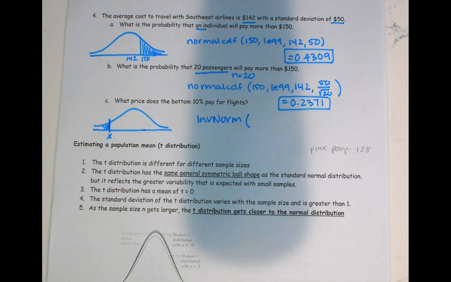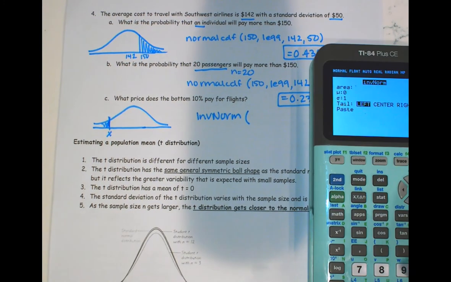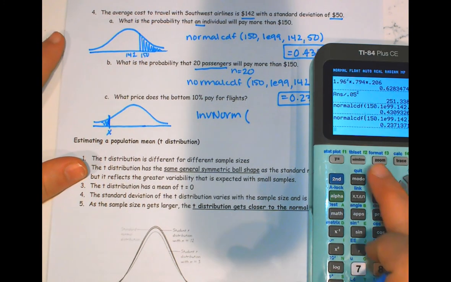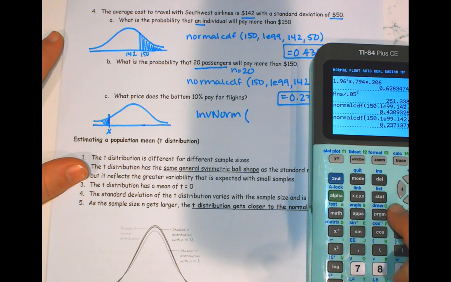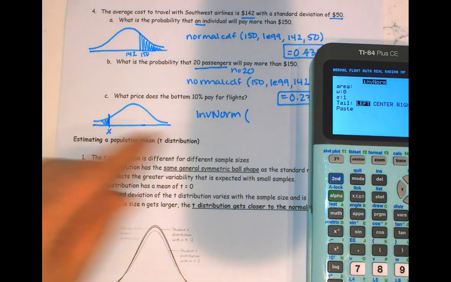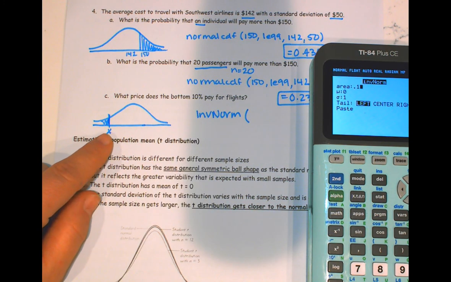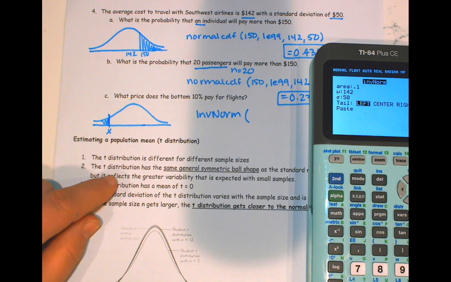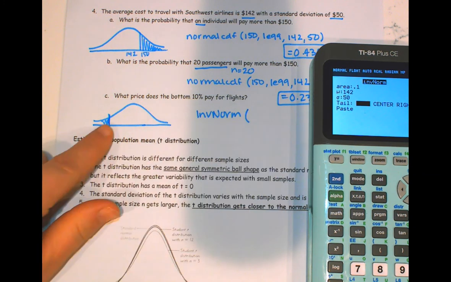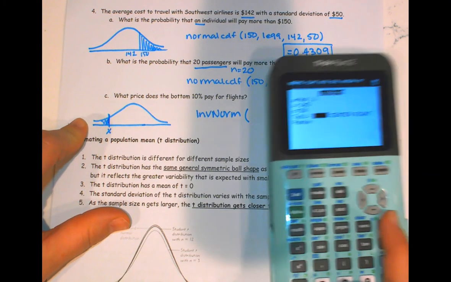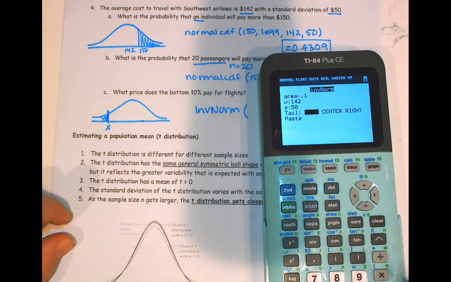So to do that, if I go to second vars, I'm going to go to invNorm. The area that I want is the bottom 10%, so 0.1. My mean is still 142. My standard deviation is still 50. And if your calculator allows, we want the left end of this graph; if your calculator doesn't ask you, it's always assuming the left end anyways.